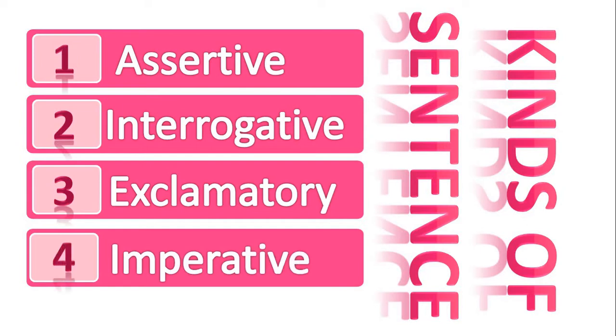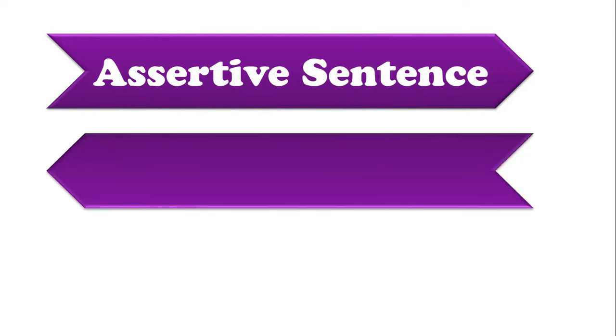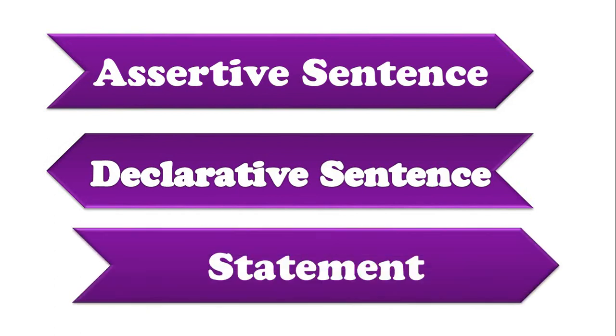First, we will discuss the assertive sentence. And children, do you know assertive sentence has 2 more names, and those are declarative sentence and statement. That means we could call assertive sentence a declarative sentence also, and it could be replaced as statement also. We could name it like we want. So let's move ahead.